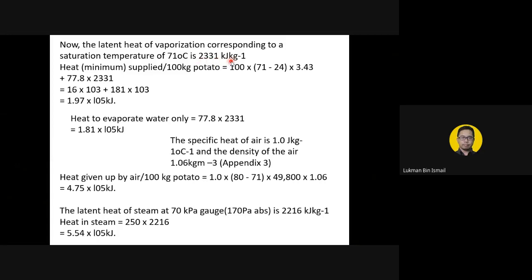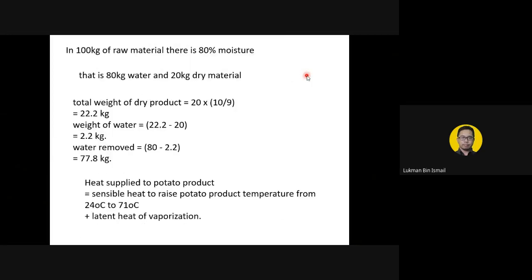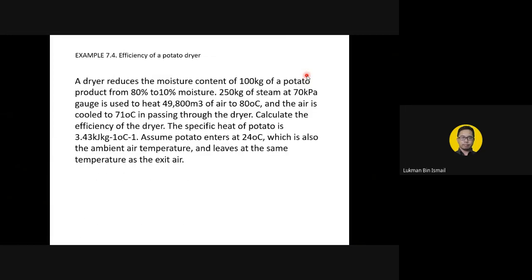Heat minimum supplied per 100 kilogram: 100 kilogram, and 3.43. What is 3.43? It is the specific heat.